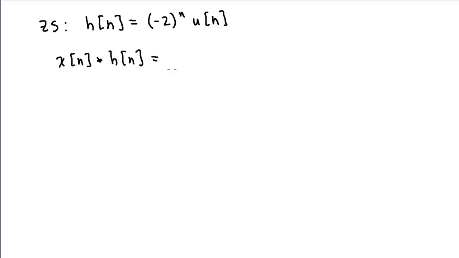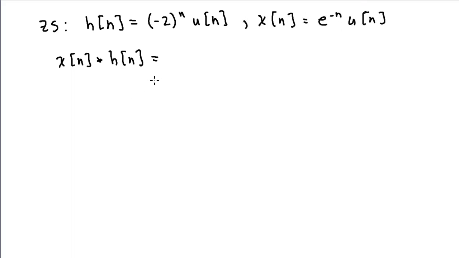I'm just going to take the easy way out here and look this up in the table. Recall that our x of n for this problem is e to the minus n u of n. So this is in the form gamma 1 to the n and gamma 2 to the n.